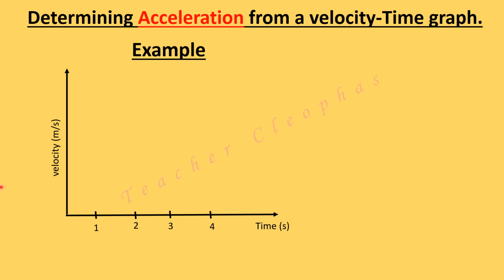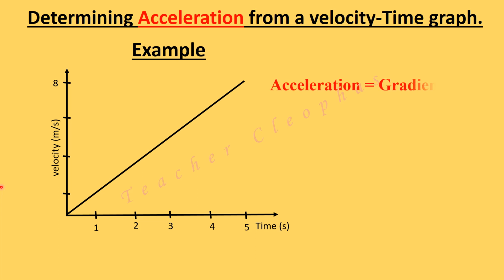Then the next thing is to show the scale on both axes, then show the line. Now we need to determine the acceleration of this graph, and the first thing to say is acceleration equals the gradient of the graph. But how do we get the gradient?